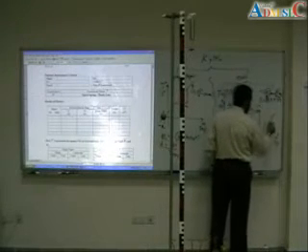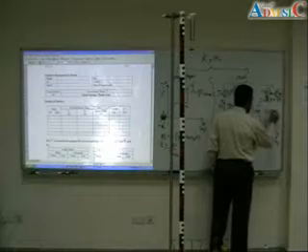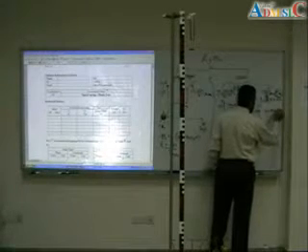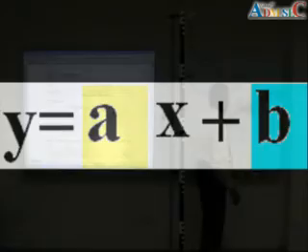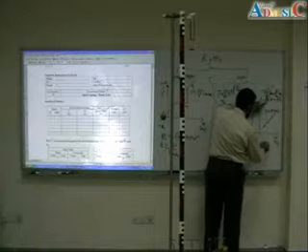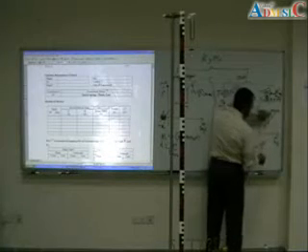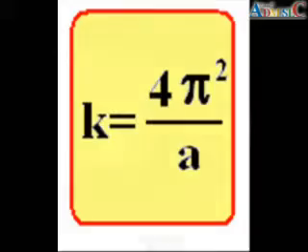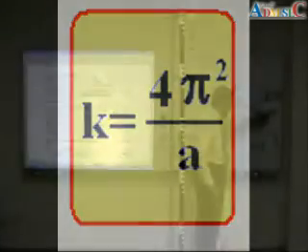Okay, this straight line will give you the equation of y is equal ax plus b. So as you see here, 4 pi squared over k is equal a, so k in this case will equal 4 pi squared divided by the coefficient of x. Coefficient of x represents the slope, okay?